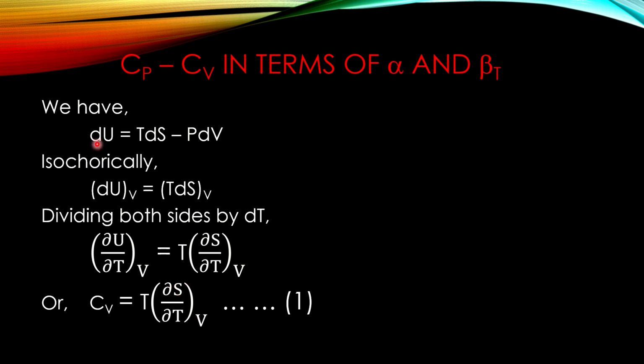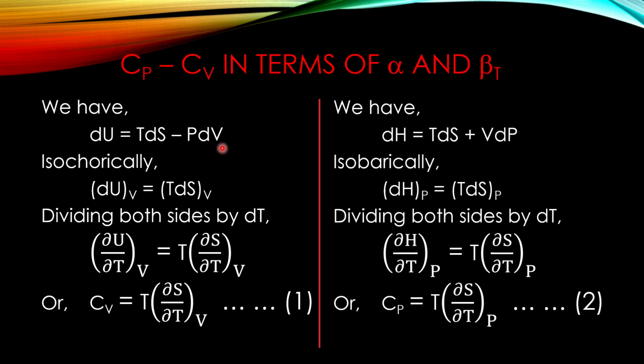Similarly, if we use the second fundamental equation of thermodynamics, that is dH equals TdS plus VdP, by almost the same approach we get the expression of Cp. Look, dH equals TdS plus VdP. Here, the variable is pressure, so we have to keep the pressure constant. So isobarically, it becomes dH at constant pressure must be equal to TdS at constant pressure.